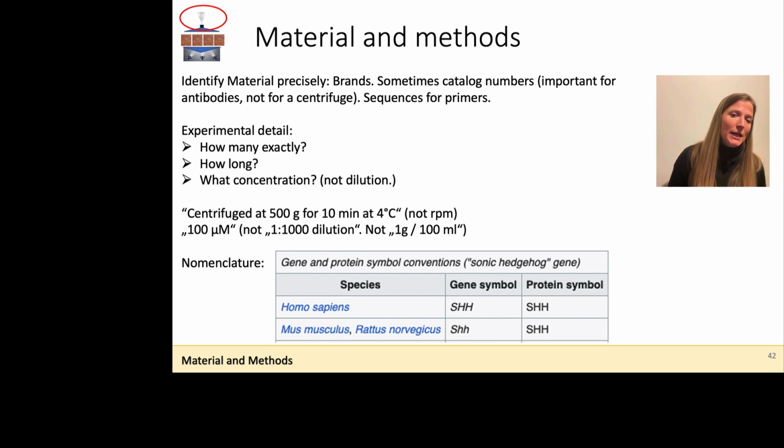Don't say RPM, because the RPM is specific to the centrifuge. Then I need the information on the centrifuge. To avoid that, just name the g. That tells me just as much. Tell me molarities, not whatever dilution. And here are the nomenclature rules that I named beforehand as well.